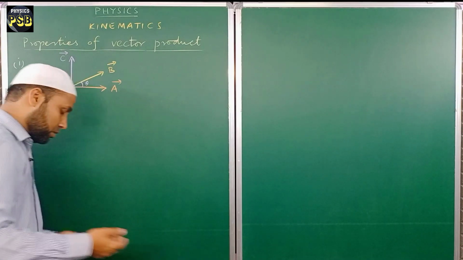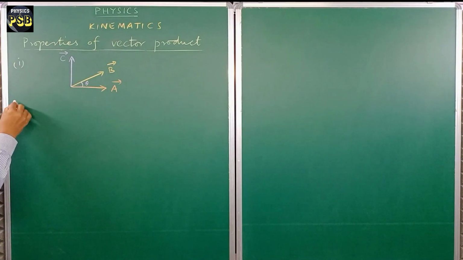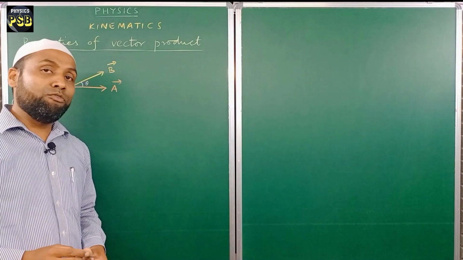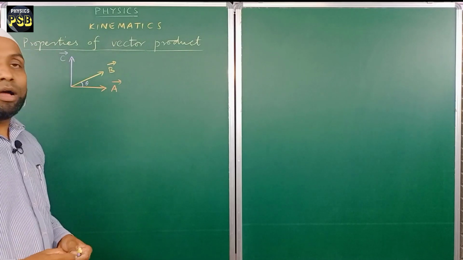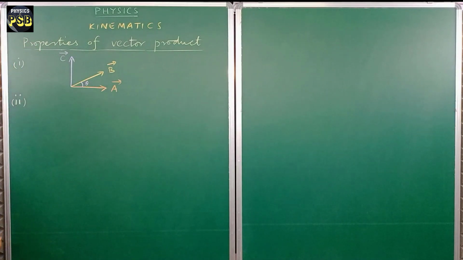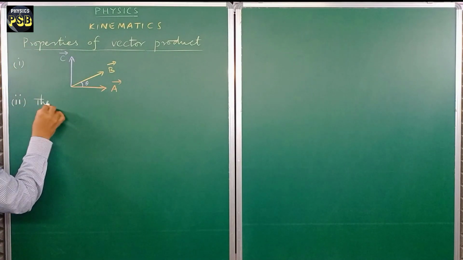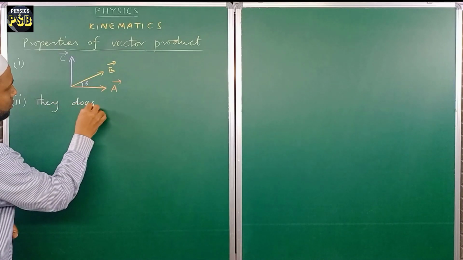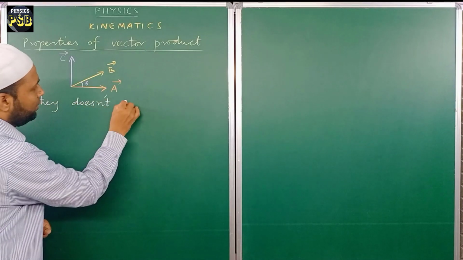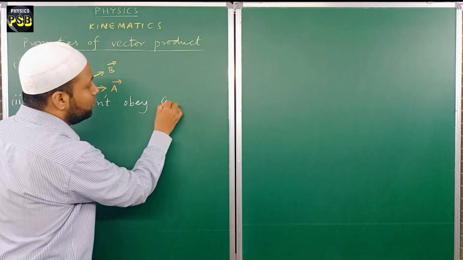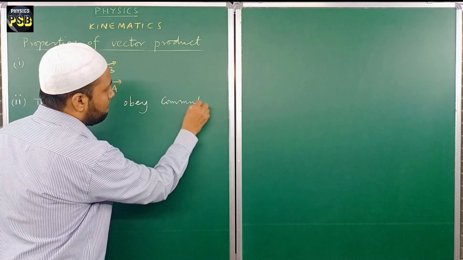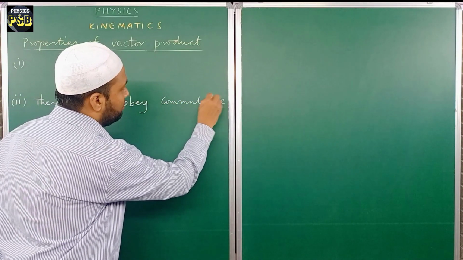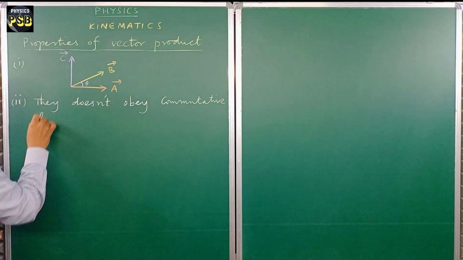Fine. Now, the second thing you need to know about the vector product is, it doesn't follow the commutative law.